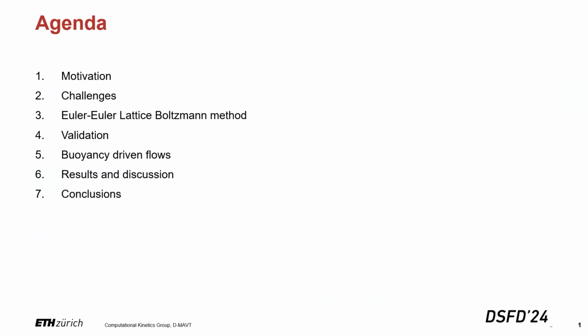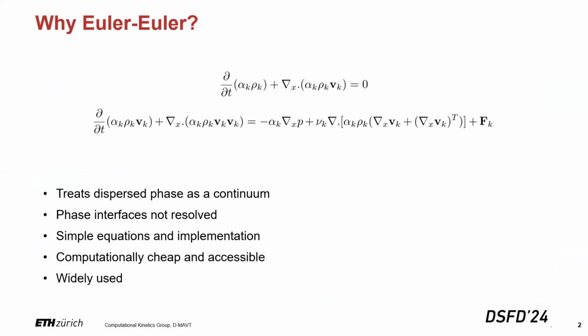So yeah, first, I'll skip this one since we don't have much time. So why Euler? Well, in my project, we are mostly looking at more industrial problems, which are at much larger scales. At those large scales, you generally cannot do a proper fully resolved simulation because of the scales involved.